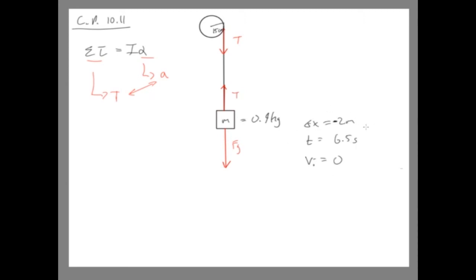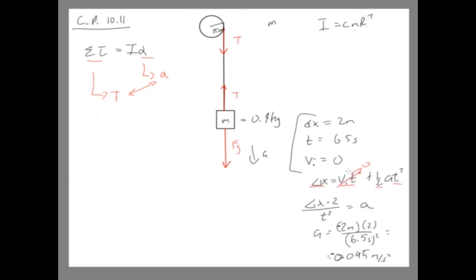So we look at the mass m, and we use our kinematic master equations. Noting that we know delta x, t, and v initial is 0, taking the sign of delta x to be negative to be consistent with the direction that the wheel is rotating, clockwise being negative, to make sure the sign of alpha and a are consistent, we can use the first kinematic master equation.